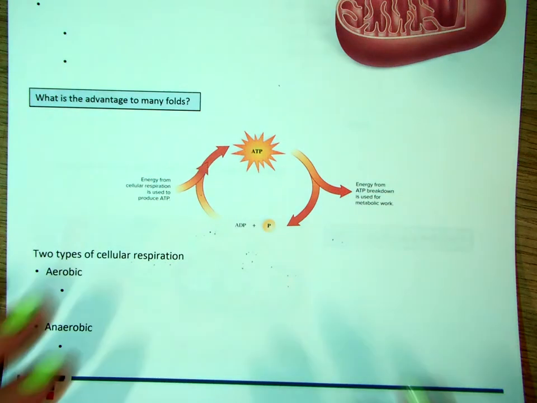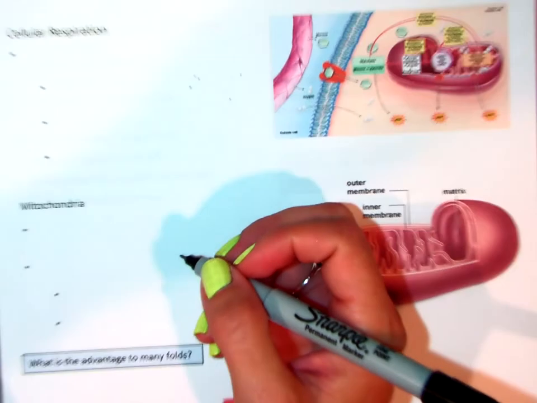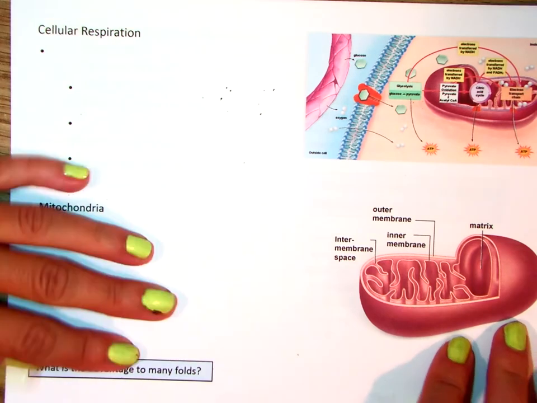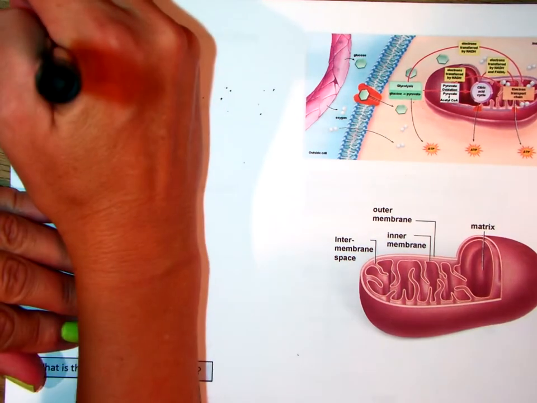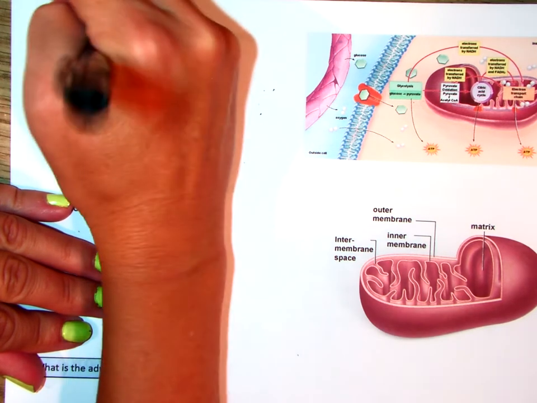All right. Cellular respiration. Okay, so this is how your body harvests energy from food.